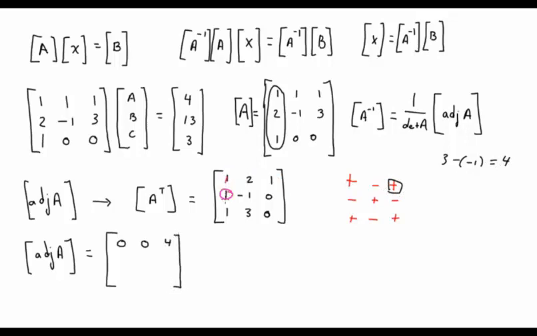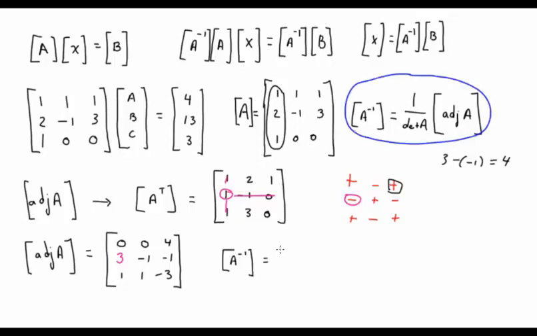Let's do this next one, and then you'll see the pattern. So this is going to be 2 times 0 is 0, minus a 3, so it's a negative 3, but I have to change the sign, so that comes out to be positive 3. And this pattern continues to create the entire adjugate matrix.